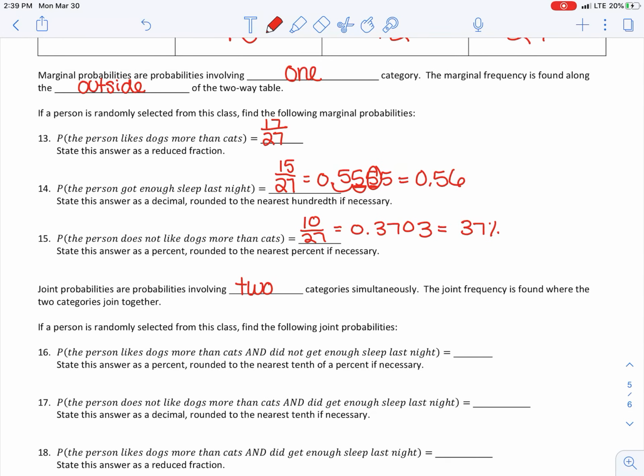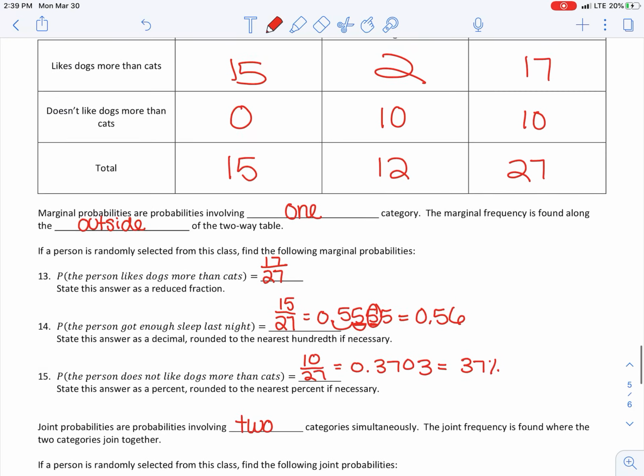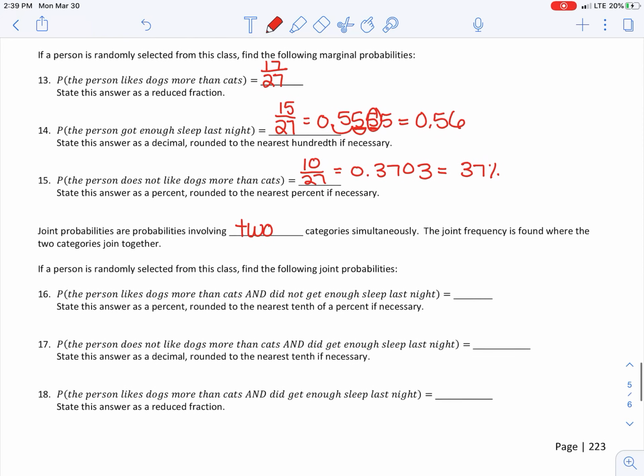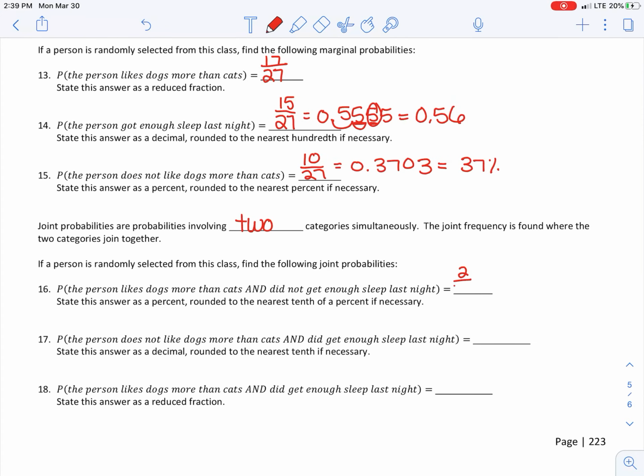For number 16, it says find the probability the person likes dogs more than cats and did not get enough sleep. So we're looking at likes dogs more than cats, these 2 numbers, but then we're saying they did not get enough sleep, so we're only looking at this right here at 2. So we're going to look at 2 out of 27.